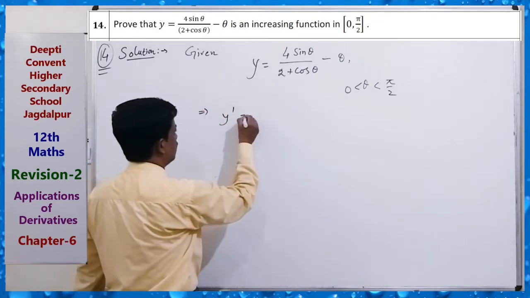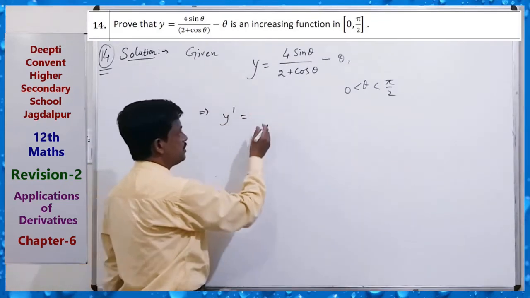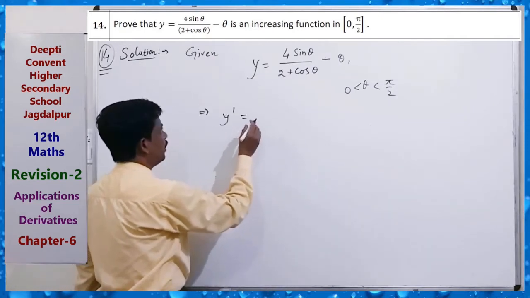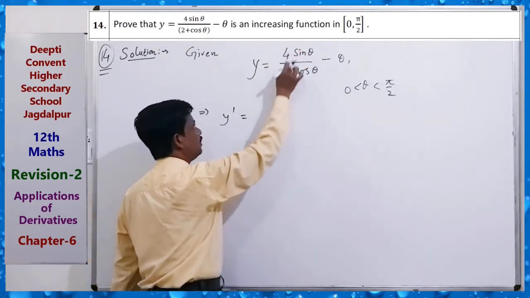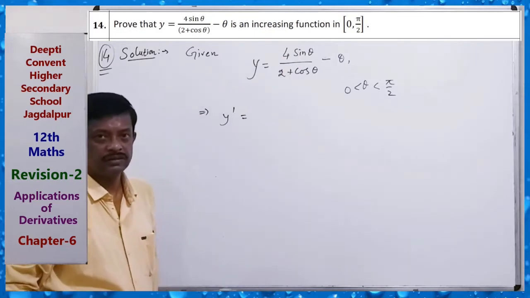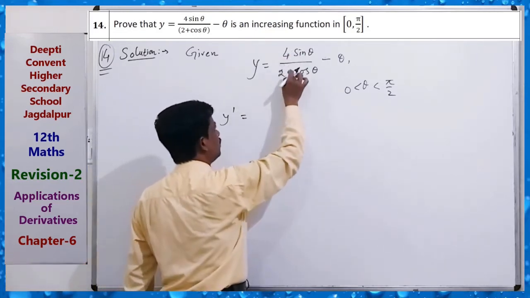So differentiate it. How can you differentiate it? By the quotient formula, numerator upon denominator.